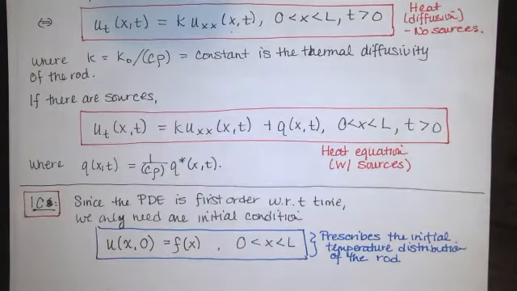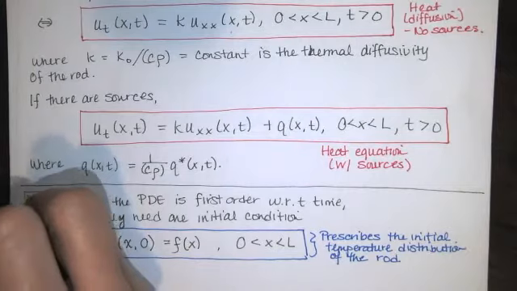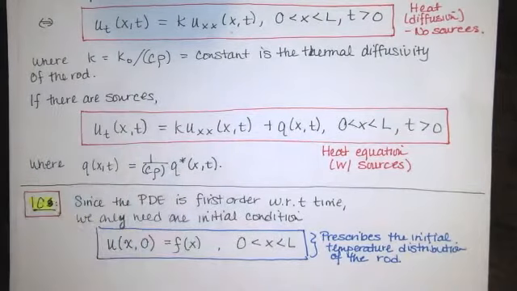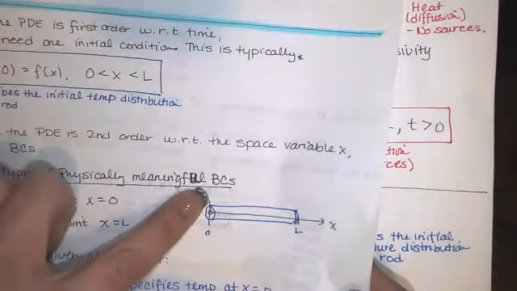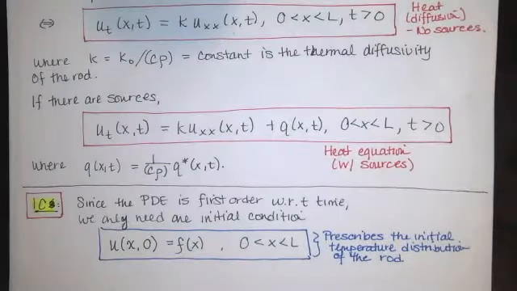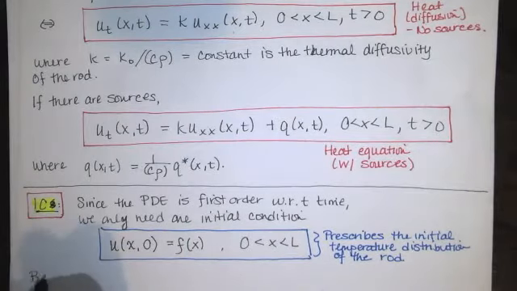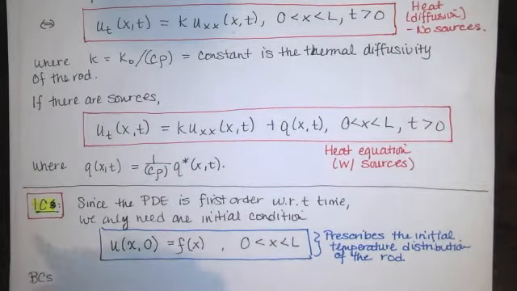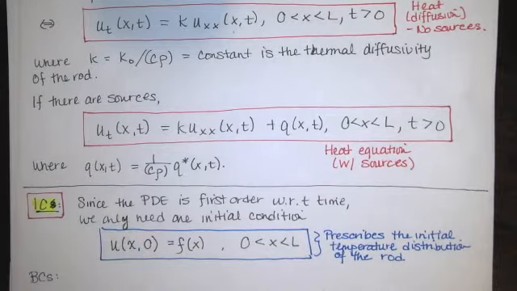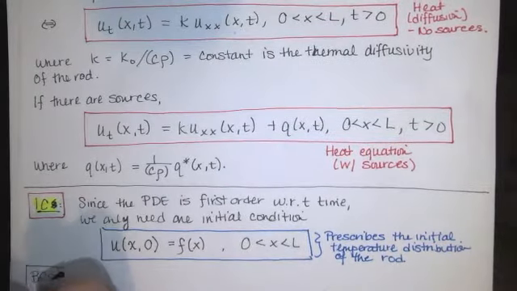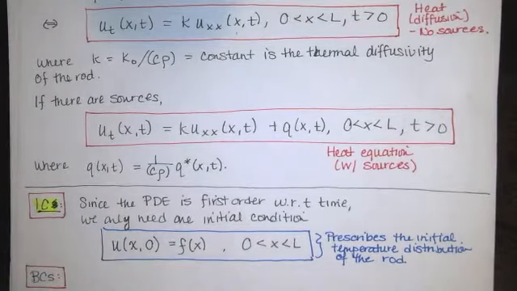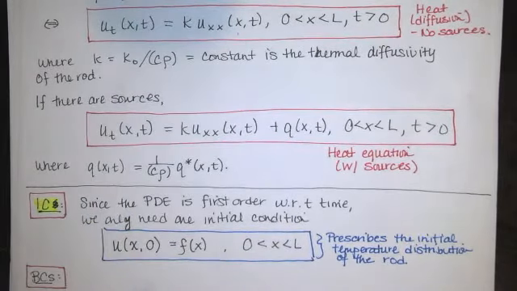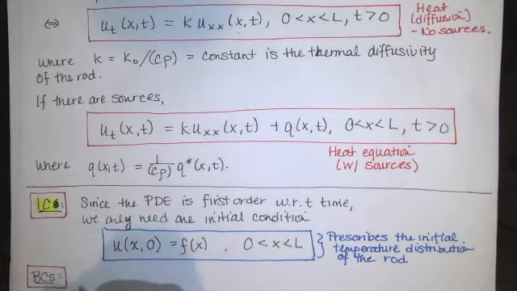Now for the boundary conditions, you've got two boundaries. You've got one at x equals 0 and another one at x equals L. There are many types of boundary conditions that we could specify, but we're going to talk about those that are physically meaningful.